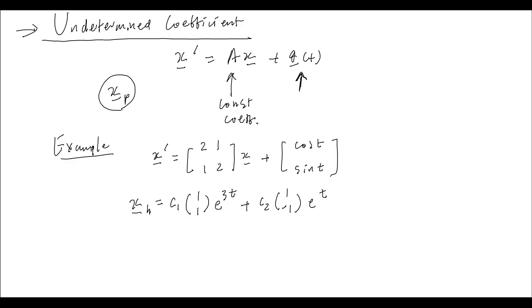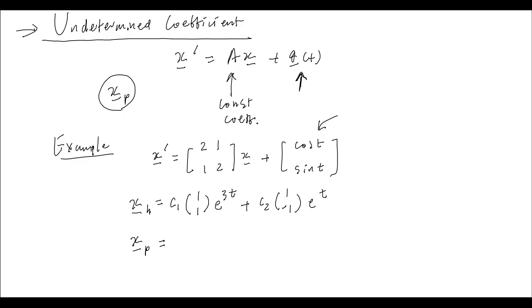Now we need to find xp. The form of g of t is trigonometric functions, right? Just cosines and sines. So let's assume that xp is a combination of sines and cosines. Since we are dealing with a system of ODEs, we need to write the solution in vector form.